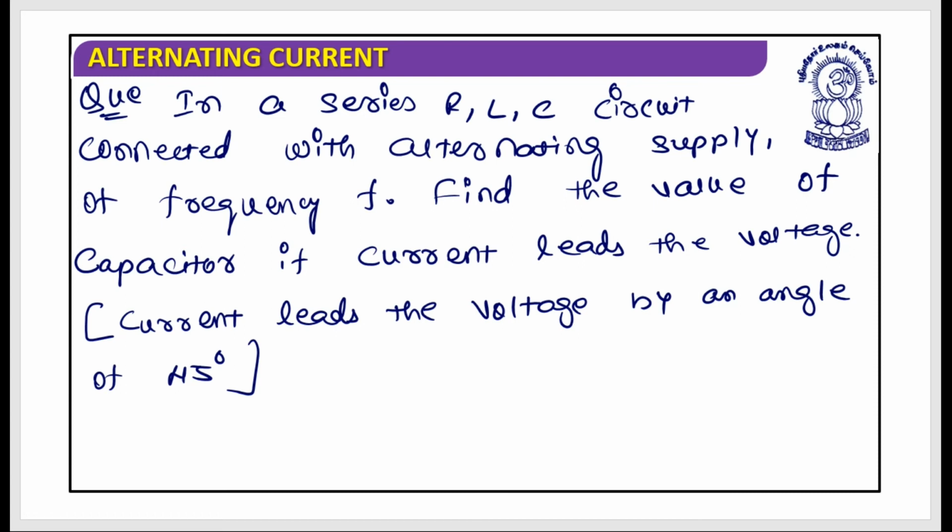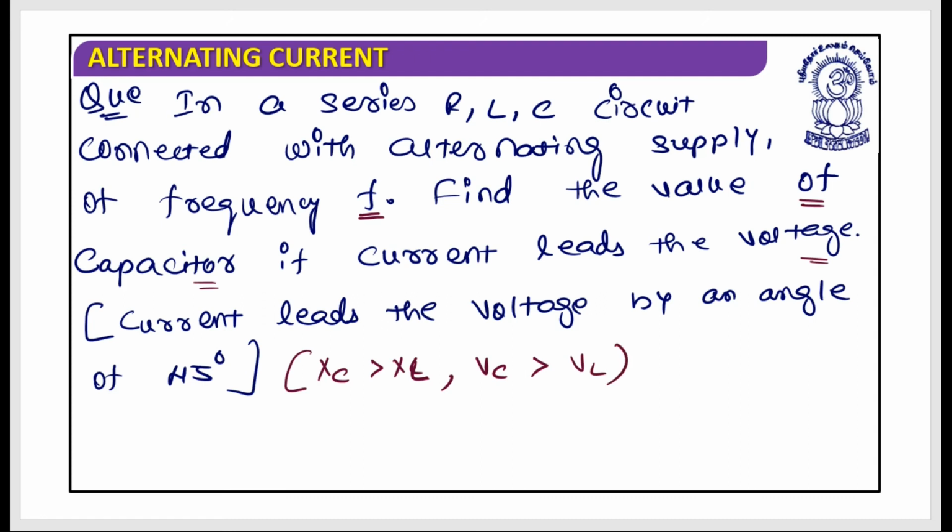They said that a series RLC circuit is given and that has been connected with a frequency F. You need to find out the value of the capacitor if current leads the voltage. And as I understand, current leads the voltage is the case when XC is greater than XL, or we can say VC is greater than VL.